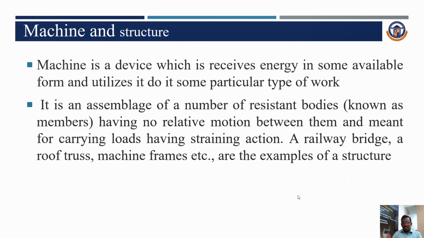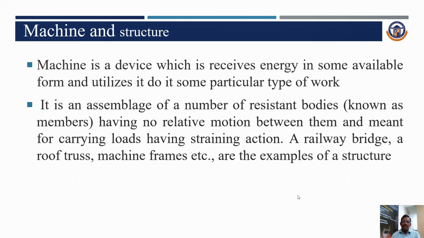Next, machine and structure. A machine is a device which receives energy in some available form and utilizes it to do some particular type of work. A machine can transform power from one form of energy to another form of energy, but a structure can transmit only force.